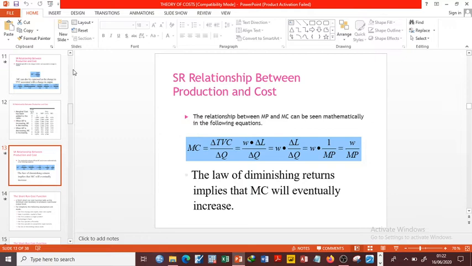whereby we know that the total variable cost was basically W times L, whereby W is the payment to labor, which is wage payment to labor. In other words, if you have, for example, 2 laborers and they are paid maybe $500 each, the total variable cost for your labor will be 2 times 500.